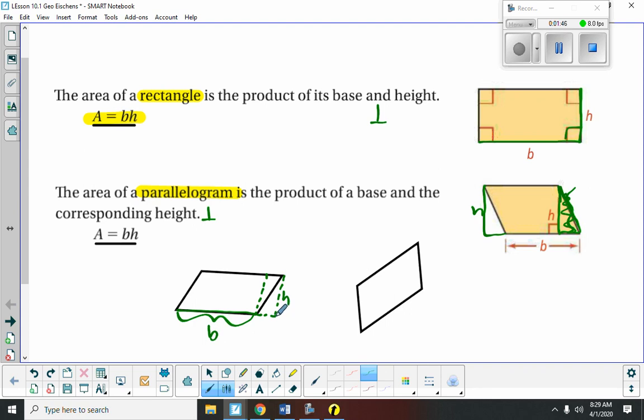Or if you are going to use this side as a base, you have to figure out what the height would be. You would have to extend this and draw a line that is perpendicular. So your height would be over here, and this would be the base. So just make sure base and height are always perpendicular.